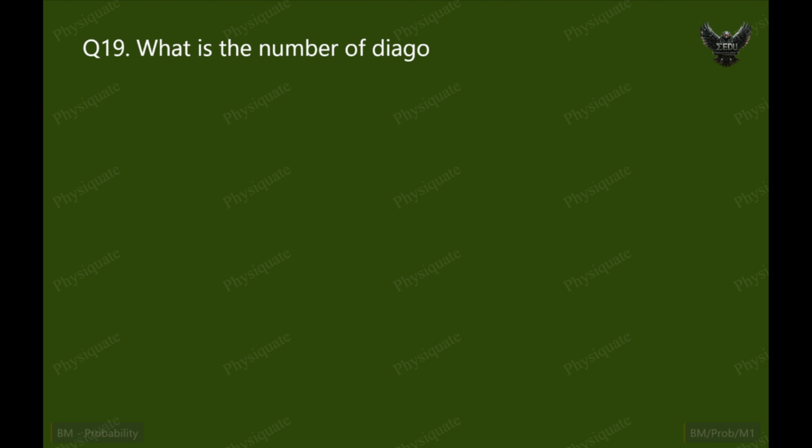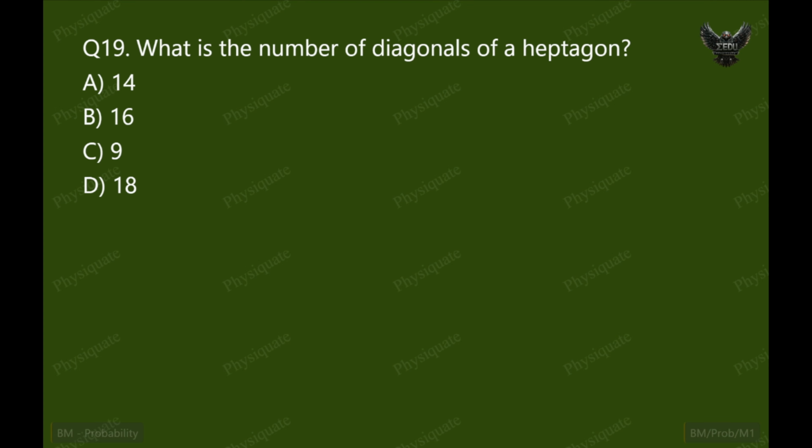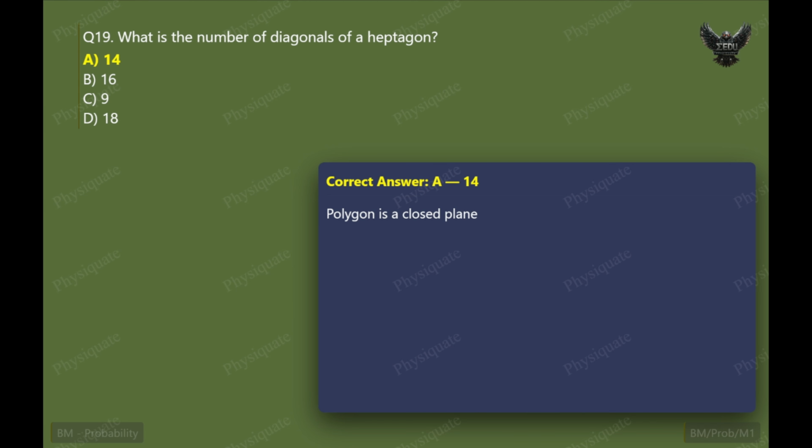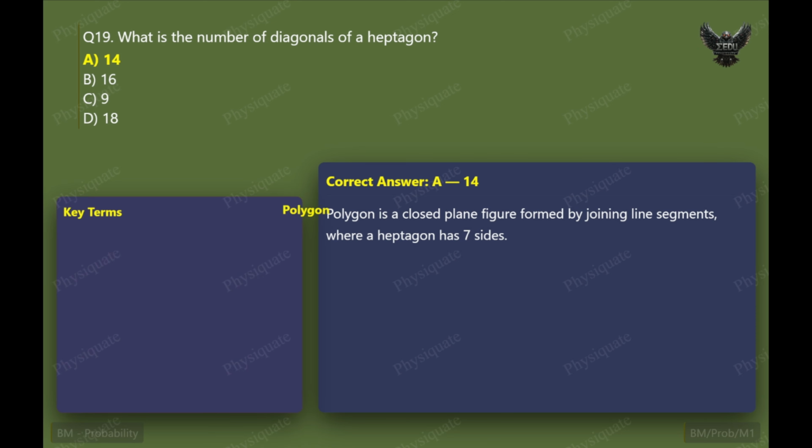Question 19. What is the number of diagonals of a heptagon? Correct answer is option A. Polygon is a closed plane figure formed by joining line segments, where a heptagon has 7 sides. Now let us consider polygon.